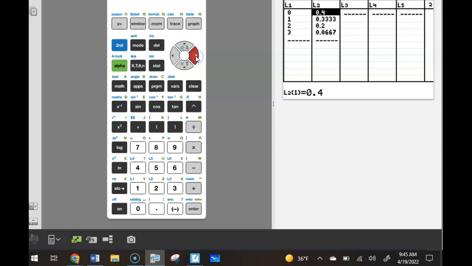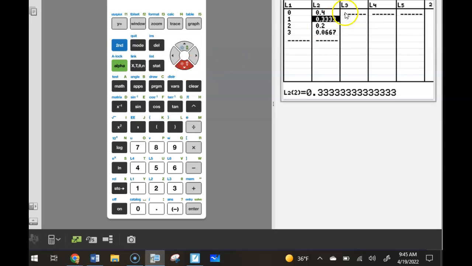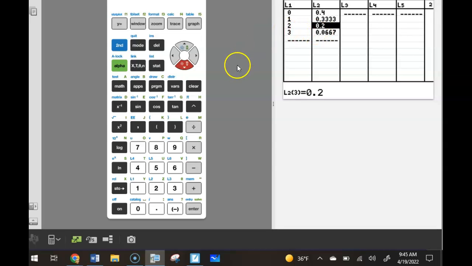Go over to list 2, and we have 0.4. Then I put in 1 divided by 3 here to get the 0.333, or 5 out of 15. But if you just put 0.33333 for a few places, you'll be close enough. And then 0.2, we could have put 1 out of 15 or whatever it was.